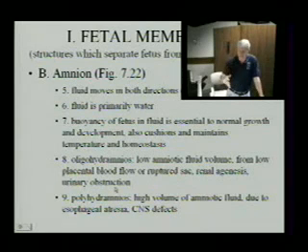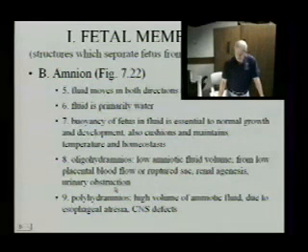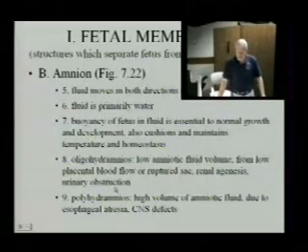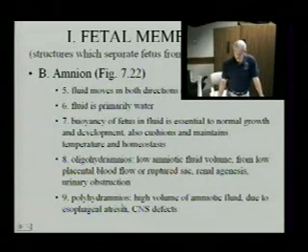There is this complete fluid exchange throughout all of these chambers. Once the fluid starts passing through the urinary system, of course, the only place for it to go is into the amniotic fluid.